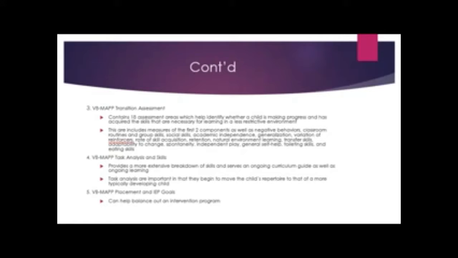The third component of the VB-MAPP is the transition assessment. And this one contains 18 assessment areas which help identify whether a child is making progress and has acquired the skills that are necessary for learning in a less restrictive environment. Again, I've included the measure of the first two components as well as negative behaviors, and these are the areas that are assessed: classroom routines and group skills, social skills, academic independence, generalization, variation of reinforcers, the rate of skill acquisition, retention.